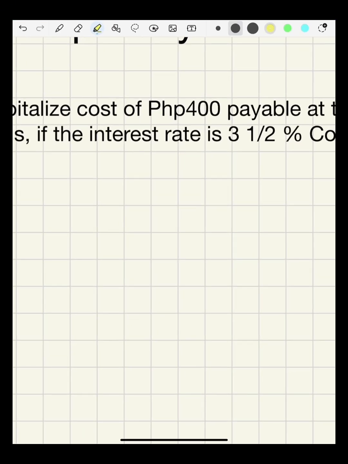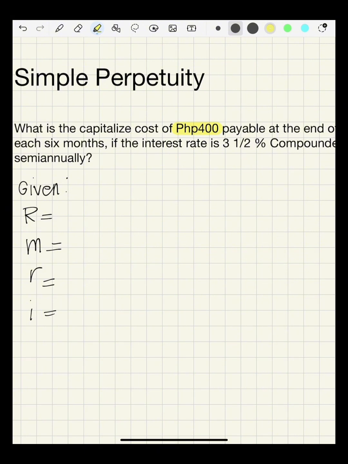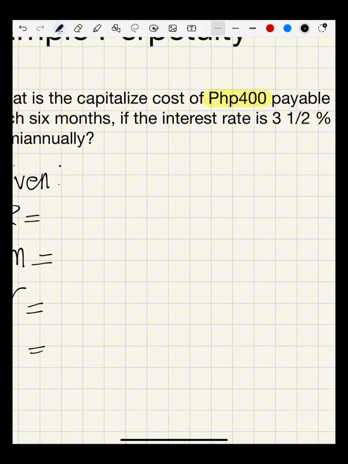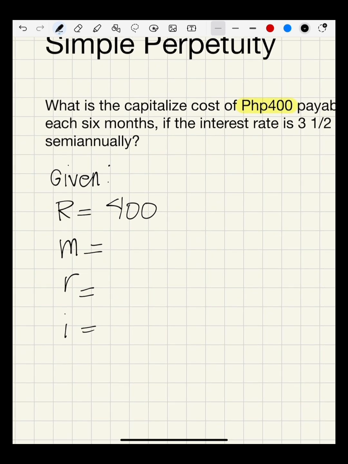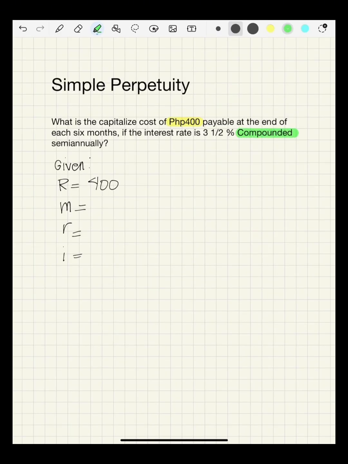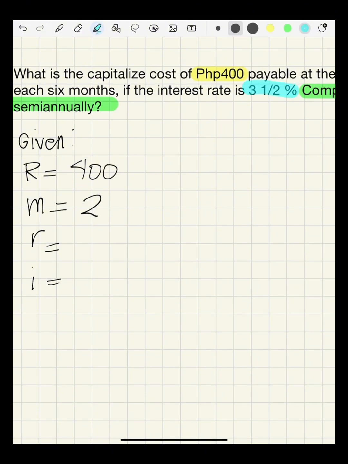Our payment here is 400. And the number of conversion periods per year is semi-annually. And our rate here is 3.5%.